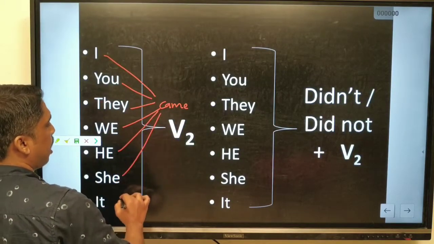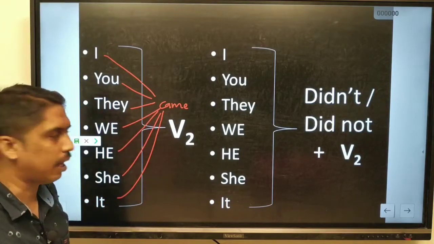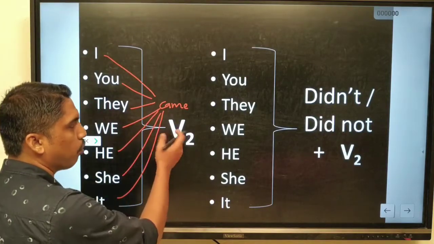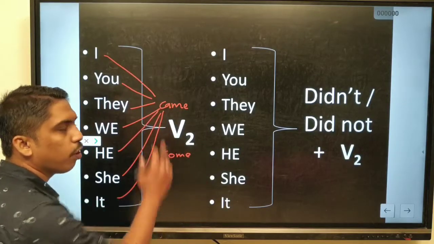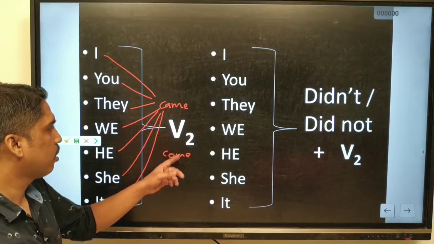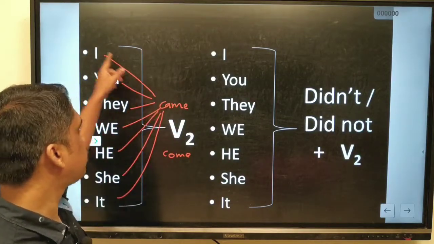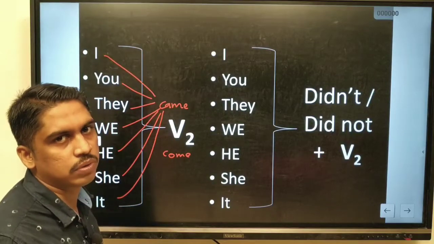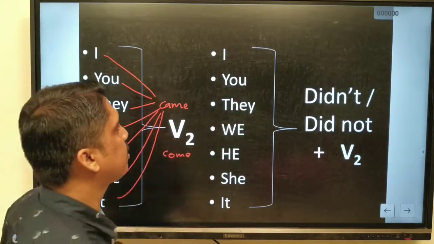She came. And it came. With every pronoun, we have to use came, and came is the past form, or verb 2, of come. This is the present form of come. Came is used with every pronoun, whether it is singular or plural.